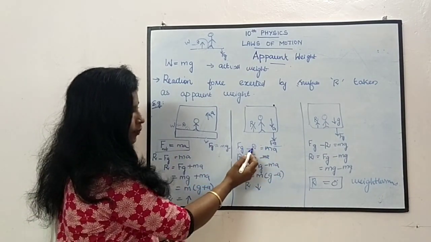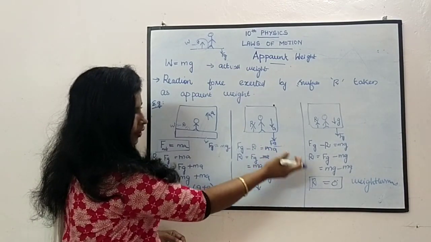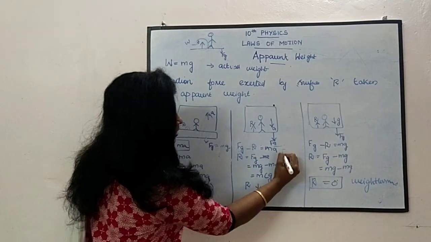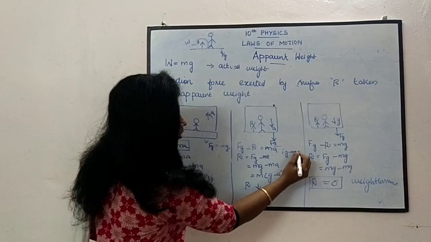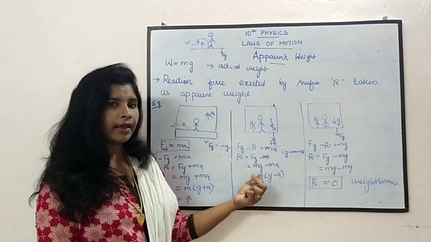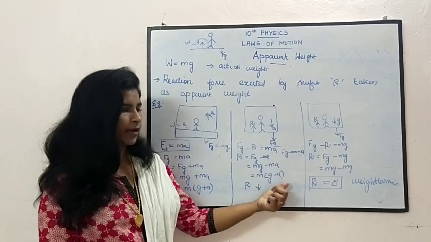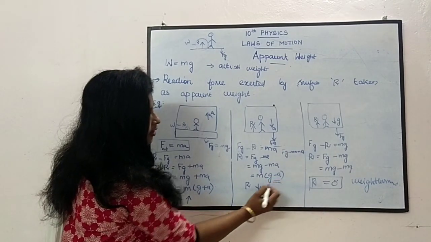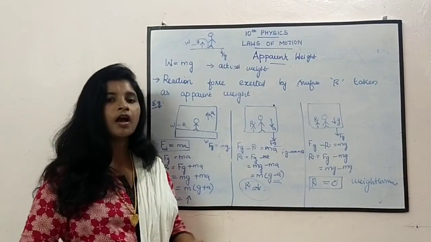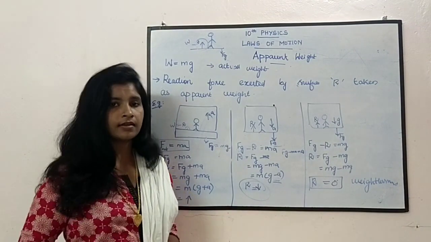Take it to the other side, so R equals Fg minus ma. What is Fg? mg. Take m outside, m(g minus a). Here we can see the weight is getting reduced. When it is accelerating downward, our body's weight is getting reduced.